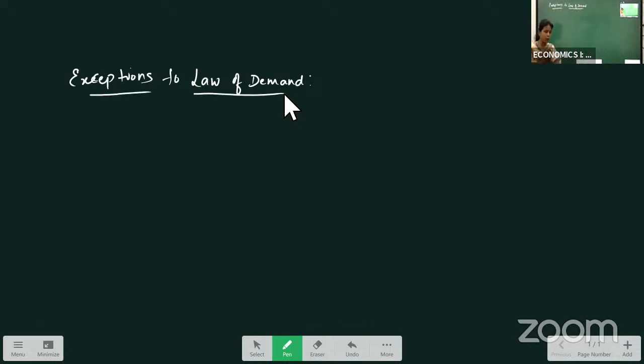For example, what do you mean by the law of demand? As we discussed in our previous chapter, the law of demand explains the relation between price and quantity demanded, and according to the law of demand, there is a negative relation between price and quantity demanded.